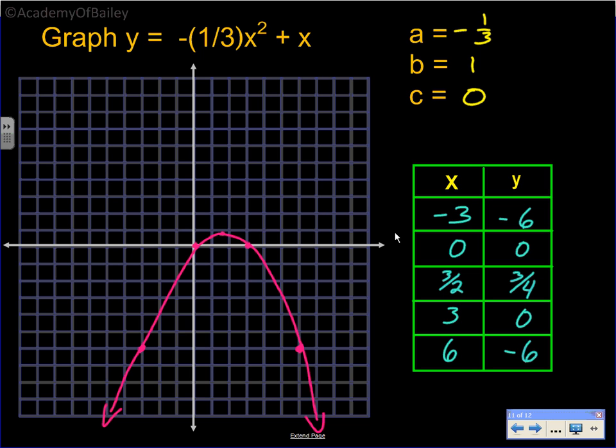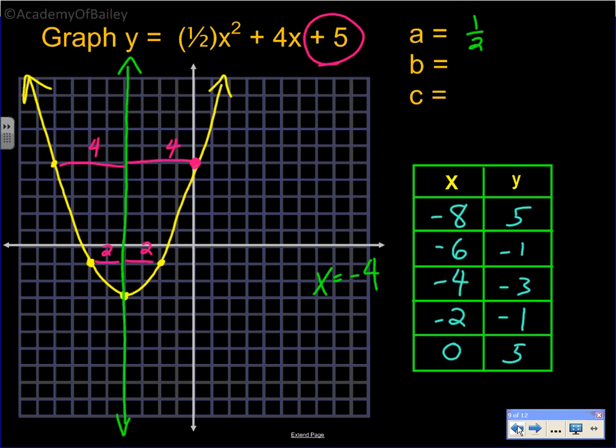Now let's look at the graph of this compared to the graph of the one before, which had a was 1/2. In this case, a is negative 1/3. So let's look at the 1/2 and the 1/3 part. Here's the graph here, and there's the graph before.